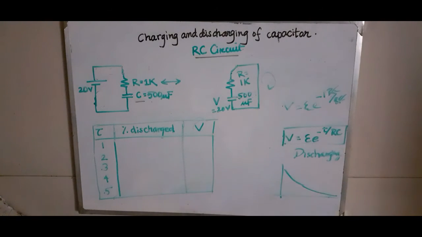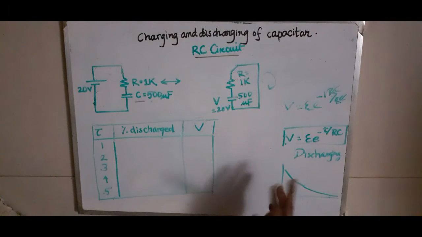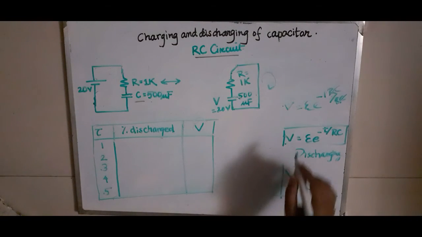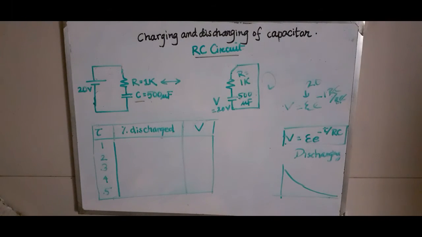E is nothing but the voltage of what? In this case, you can say the initial voltage, or the voltage of the battery. No battery is connected now, but previously there was a battery, so you can say it's the initial voltage of the capacitor. In this case it is 20 volts.